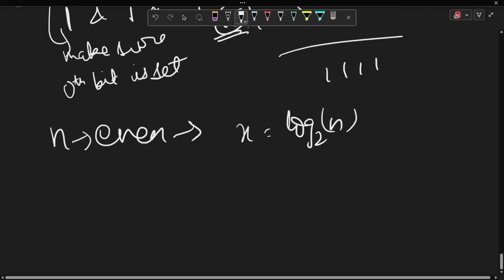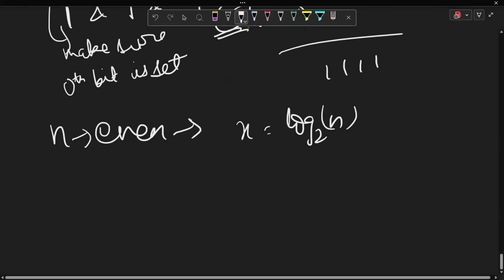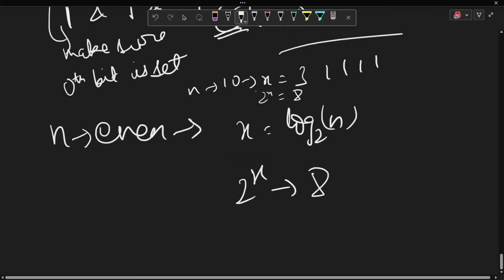This is going to give you the most significant bit which is set. So if my n was 10, my x would be the log of this in integer, which would be 3. So 2 to the power 3 is going to give me 8, so 2 to the power x is going to give me 8.